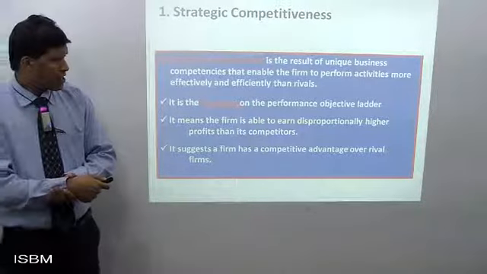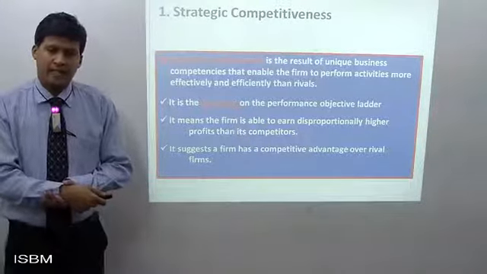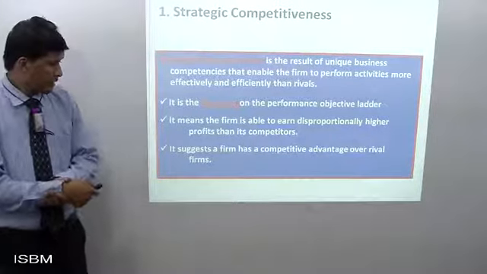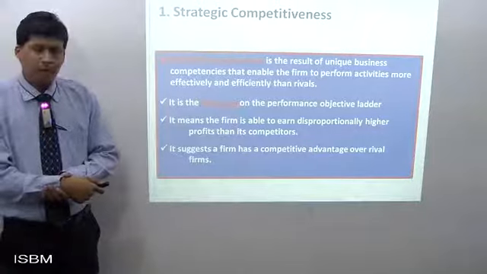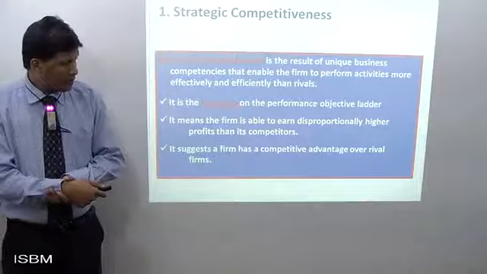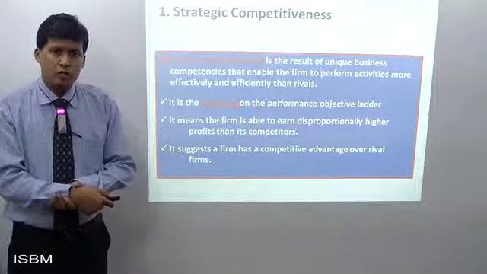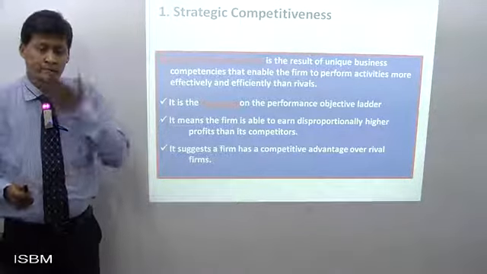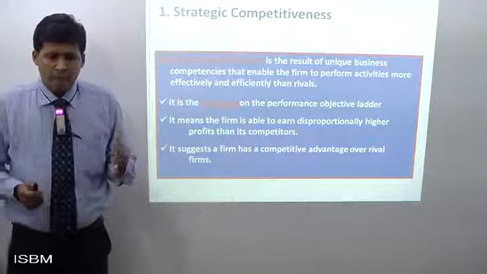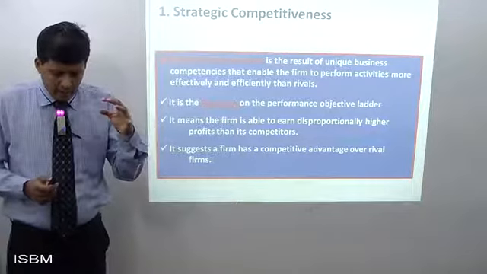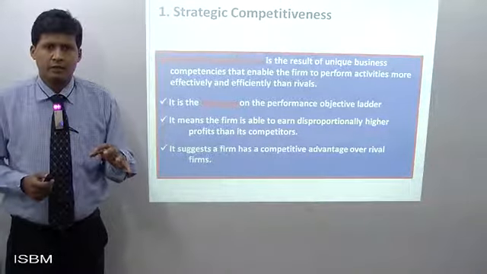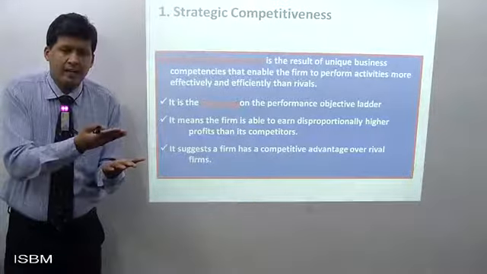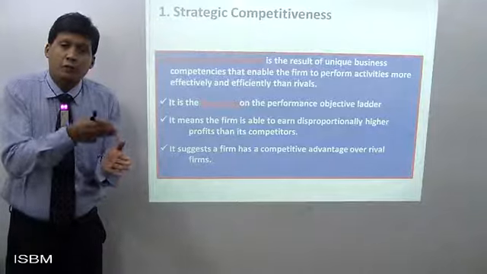It is the first rung on the performance objective ladder. Very important is the source fuel. It means the firm is able to earn disproportionately higher profits than its competitors. Important that if an organization needs to excel in an environment, they need to excel and grow above the market.